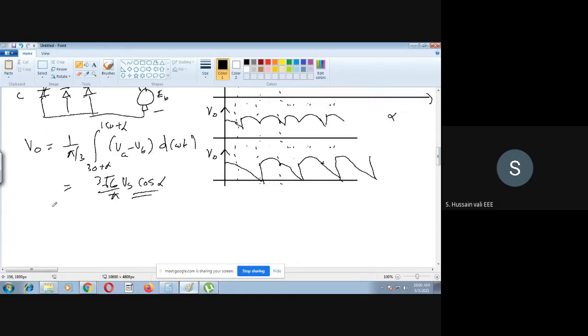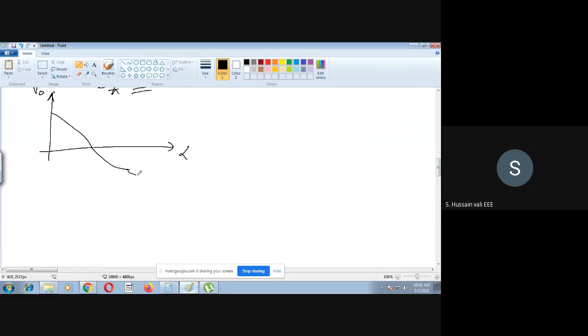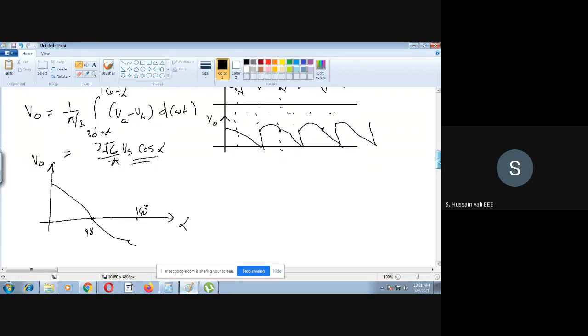Then if you draw the graph between V naught and alpha, at alpha equal to 0 it is maximum. So this you will find. It's just a graph. Okay, so it is 180, it's 90. You'll find it like this.